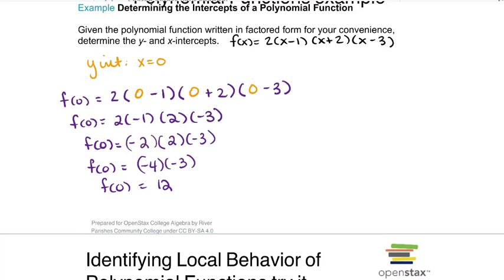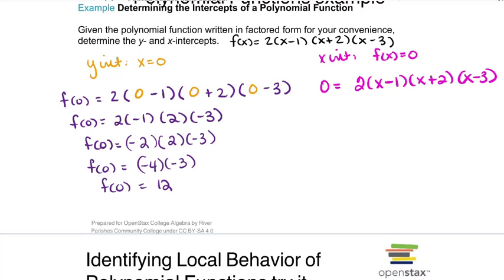For the x-intercepts, we set the y, or in this case the f of x, equal to 0 and solve. So 0 equals 2 times x minus 1 times x plus 2 times x minus 3. And they said it was factored for our convenience. What makes this convenient is that because we've set it equal to 0, we know that one of these factors must equal 0.